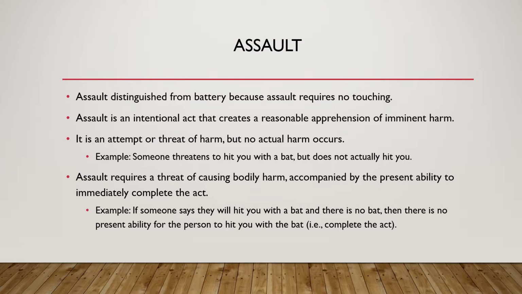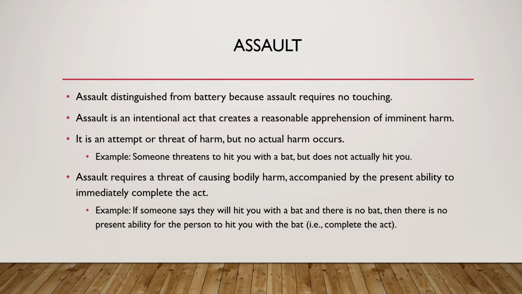But oftentimes an assault accompanies a battery, because assault is an intentional act that creates a reasonable apprehension of imminent harm. And so it's very often that you have an assault that then turns into a battery. Take the example of John and Adam. John's mad that Adam ate his ice cream sandwich.